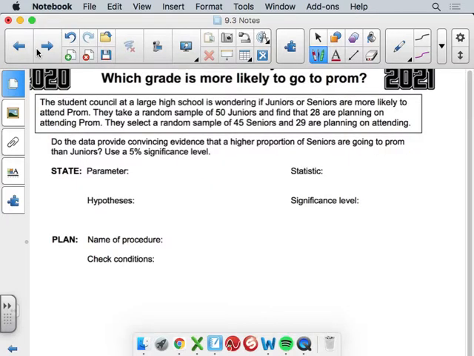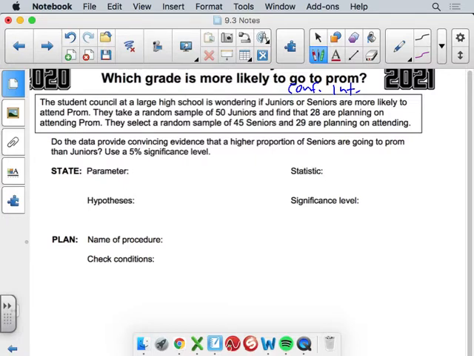All right, so what we're going to do is a hypothesis test for who's more likely to go to prom. So we actually did this using a confidence interval, if you remember. We did this exact same problem with confidence intervals because a confidence interval and a hypothesis test can go over the same things.